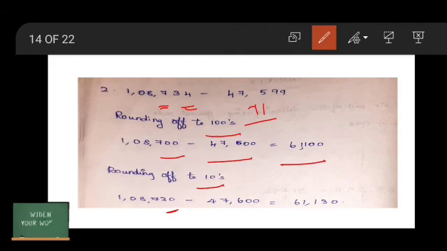So 1 is added to the tens place value so that we get 47,600. So when we subtract 47,600 from 1,08,730, we get 61,130.